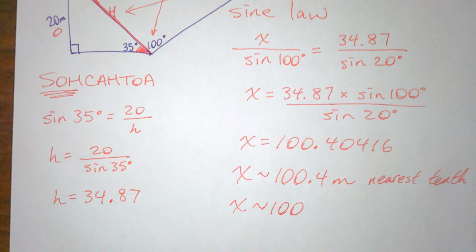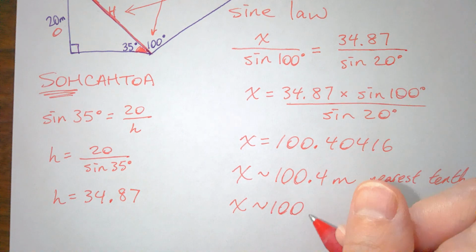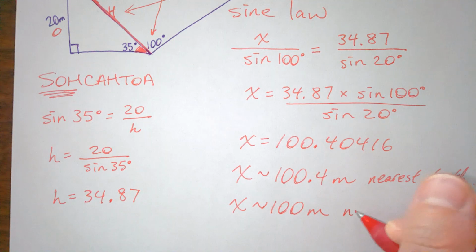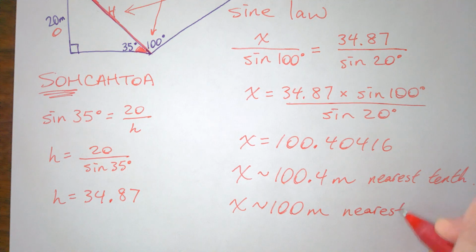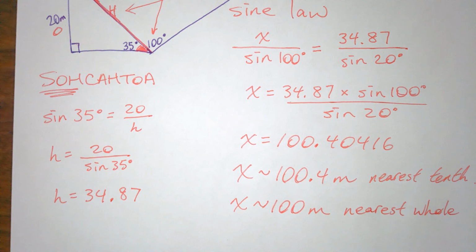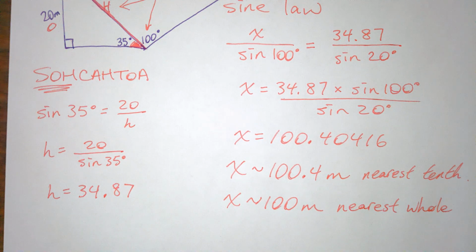Half a mark off. Meters. It's also 100.4. On the test, the questions will specify what to round to. So look.